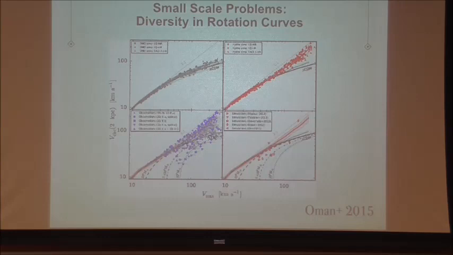Now what they did is they took a compilation of all the different rotation curves and asked, what's the maximum circular velocity compared to the circular velocity at 2 kpc? And what you can see here is that there's an enormous amount of spread. Much larger than seen in the dark matter only simulations, much larger than seen in the hydrodynamic simulations. And so the question is, why is there all this spread in these galaxies?